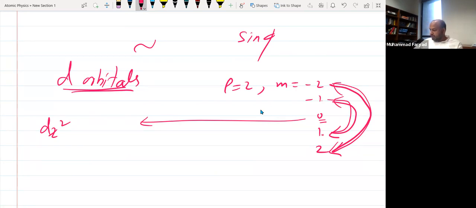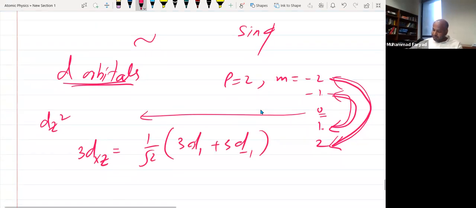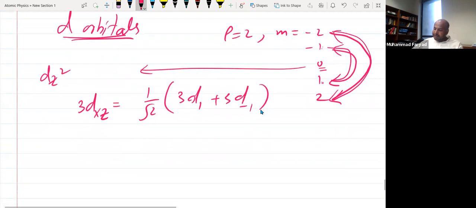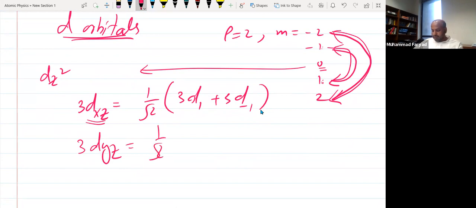So let's see. The 3dxz is 3d1 plus 3d minus 1. So if you add these two, the resulting orbital is called 3dxz. And if you subtract, it's called yz, and it's 3d1 minus 3d minus 1 over i.